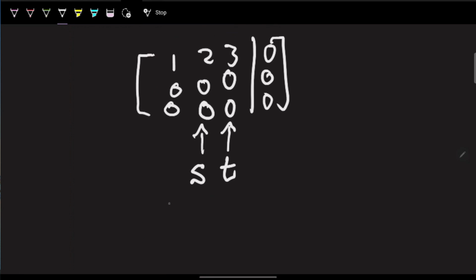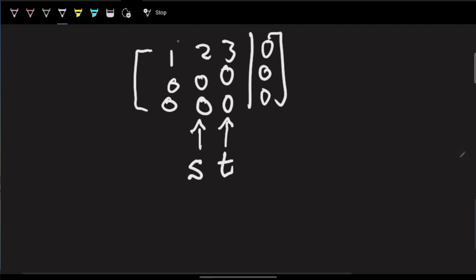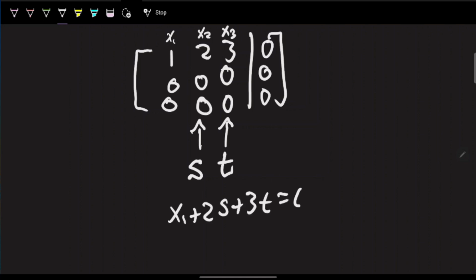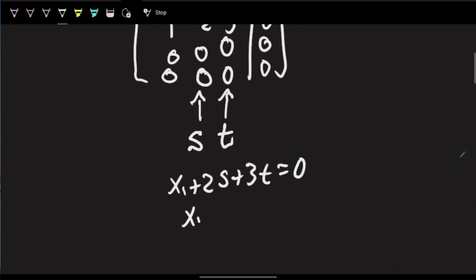So what the first equation is telling you is, are we calling this x1, x2, and x3? Then it becomes x1 plus 2s plus 3t is equal to 0. Does that seem about right? Yeah. So then x1 is equal to minus 2s minus 3t.